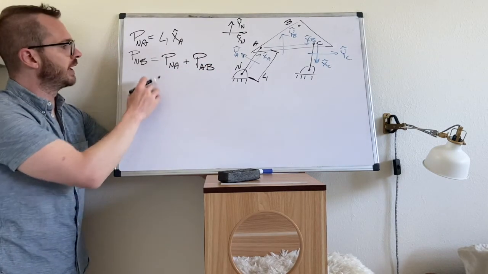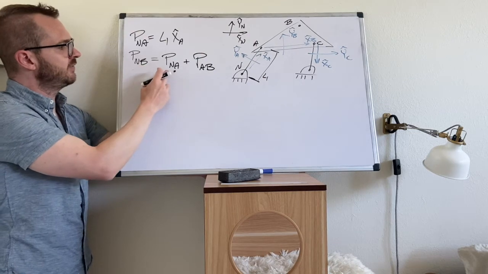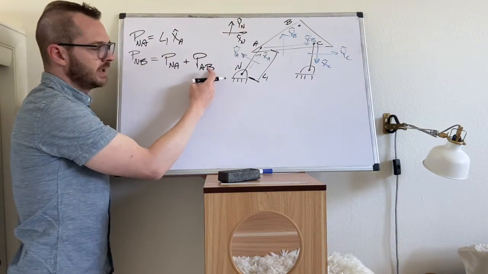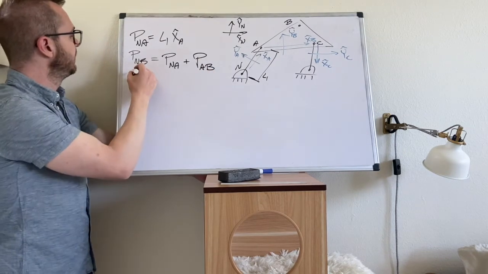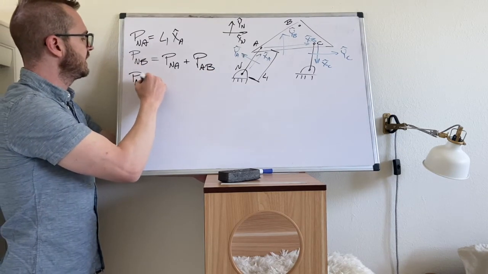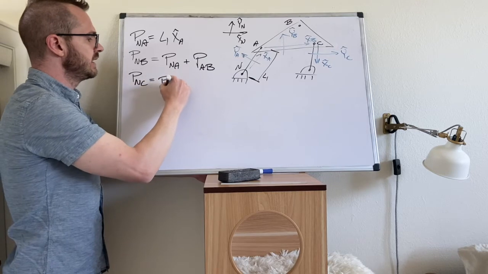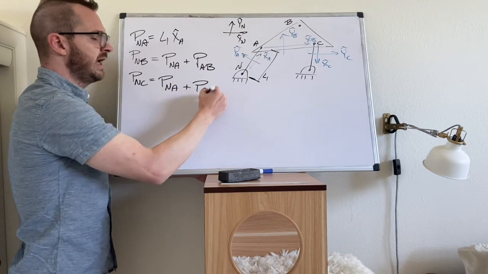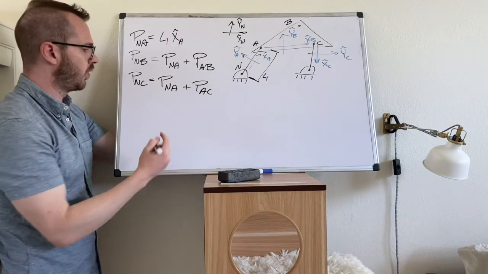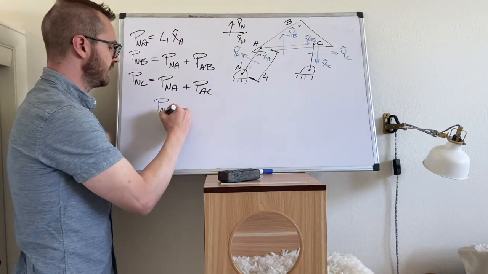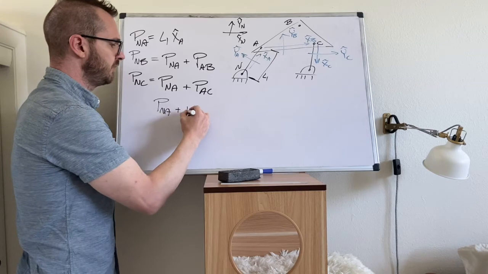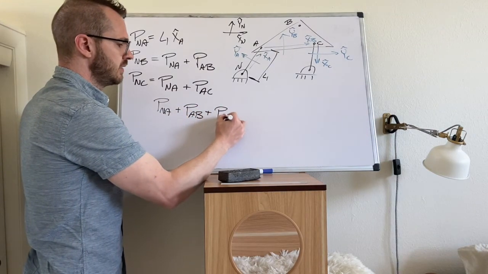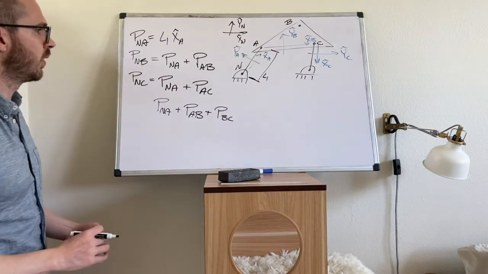What if we write it this way? P into B is P into A, and then from A to B. Similarly, P into C is P into A plus P A to C. We could, if we wanted, have said P into A plus P A to B plus P B to C. That works as well.